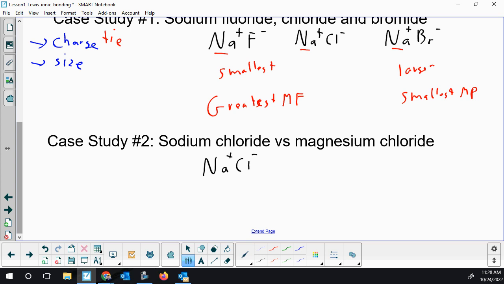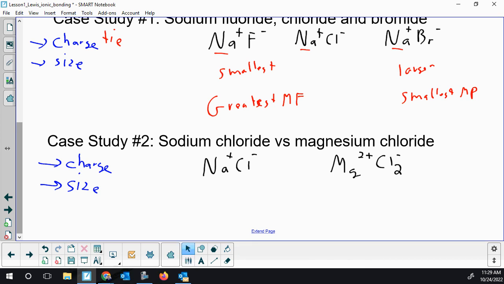Sodium chloride, we had from above: group 1 with group 7A, a +1 cation and a -1 anion, versus magnesium, which is group 2. That's a 2+ ion with chloride, so we need 2 of those chlorides. I'm going to make my list again. We have charge and we have size.